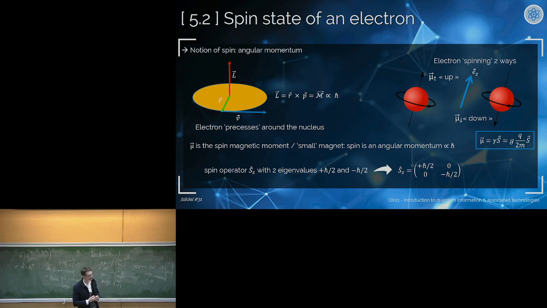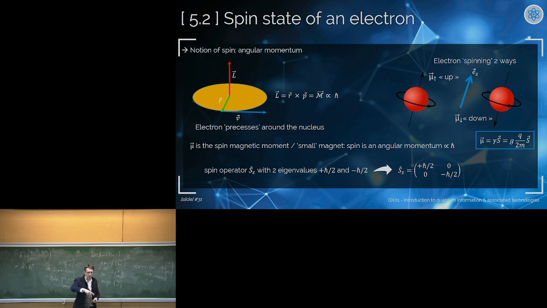So electrons are negatively charged particles, and they have an inherent property that we call a spin. So before that, let me go back to the notion of angular momentum.